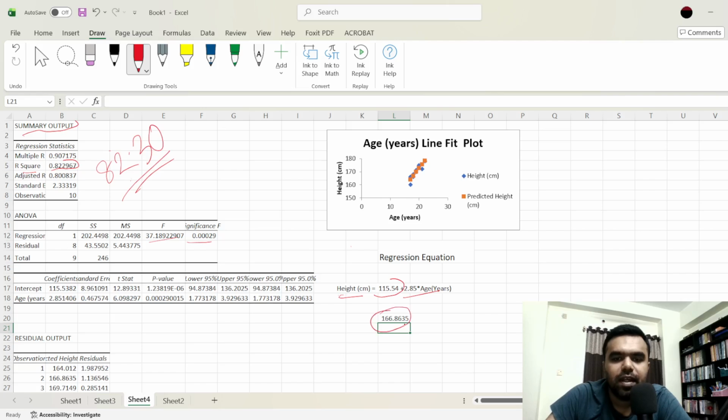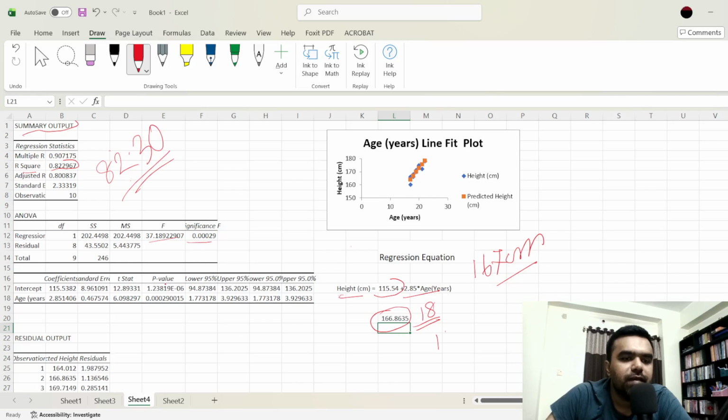If the age is 18, we get the height of around 167 centimeter. If the age is 22, we get a higher value.